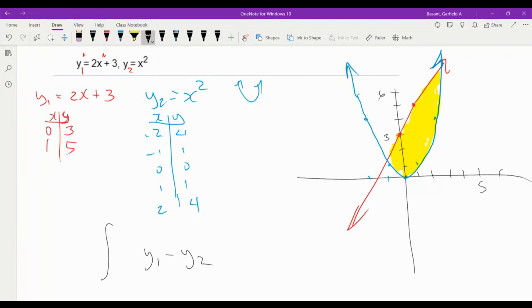What else do we need? We need the x values on the left and the x values on the right. -1 and 3. And how are you getting that?